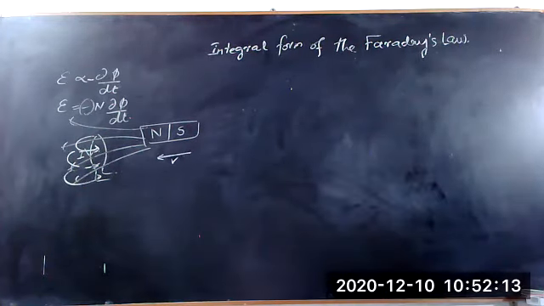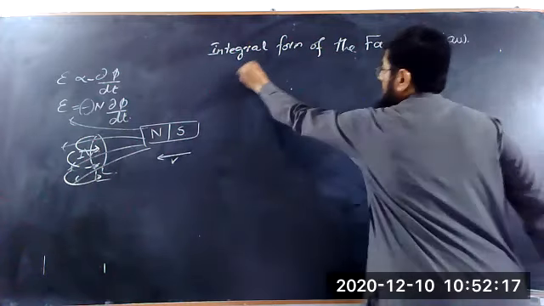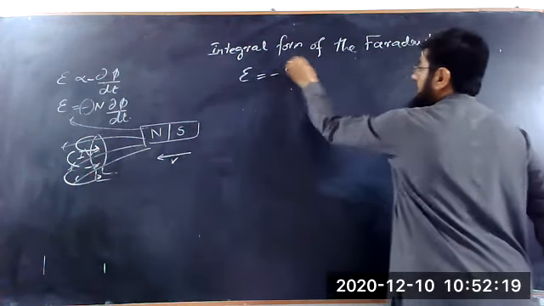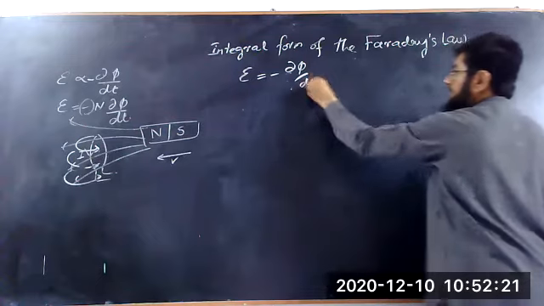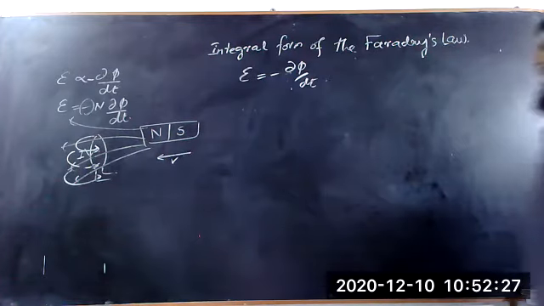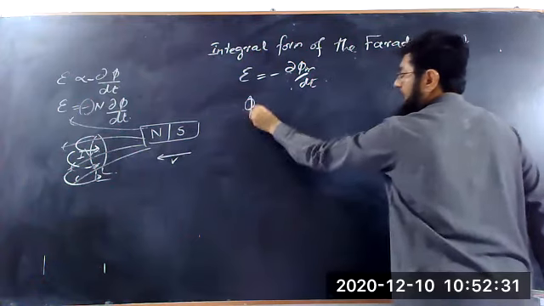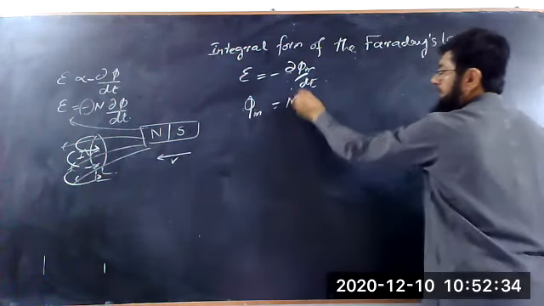According to Faraday's law, simply, the EMF is equal to minus d phi over dt. This is known as Faraday's law. Here, this phi is the magnetic flux.